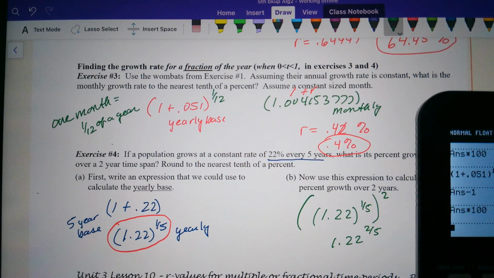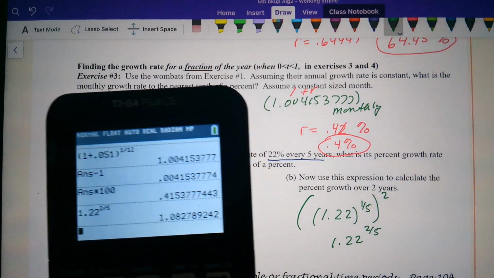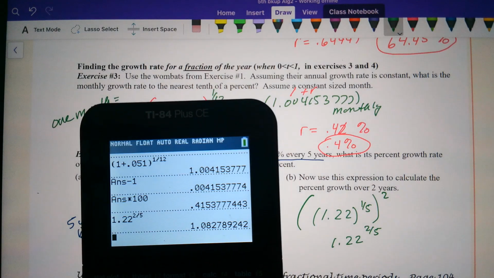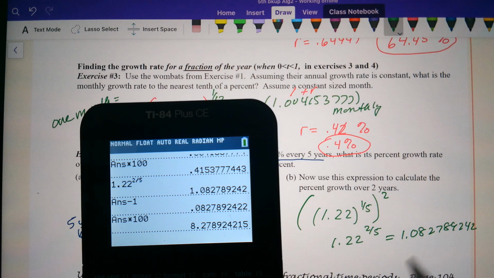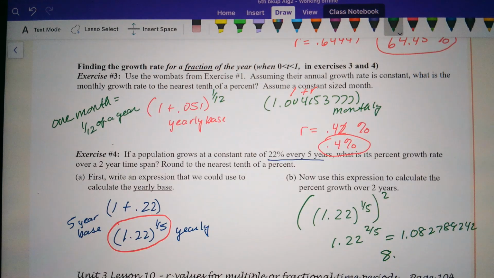And then calculator, 1.22 raised to the 2 divided by 5. Subtract 1. And multiply by 100. 8.3%.